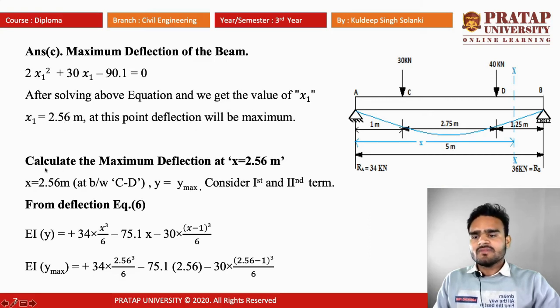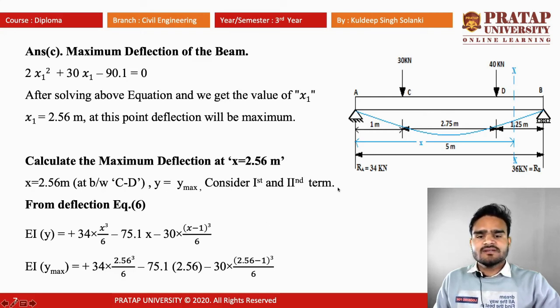Now calculate the maximum deflection at x equal to 2.56 meter. 2.56 is also in region CD. So in the deflection equation we consider only two terms, first and second term. Now x is equal to 2.56 meter between the CD region, and y is the maximum deflection.